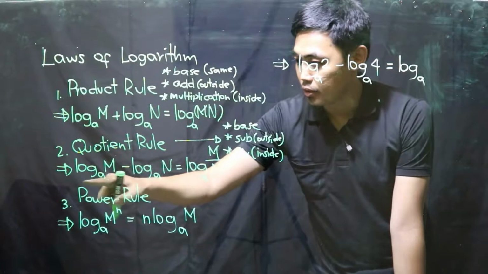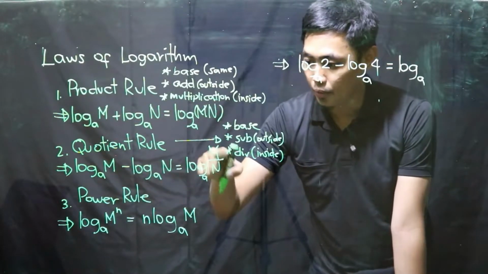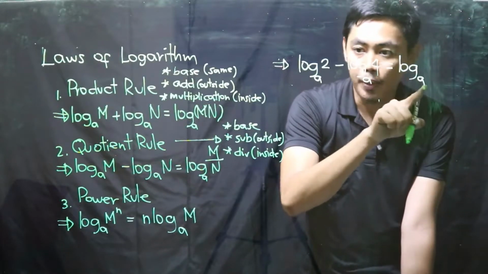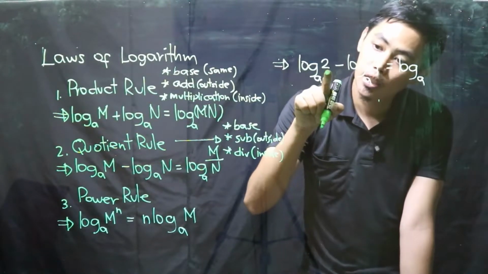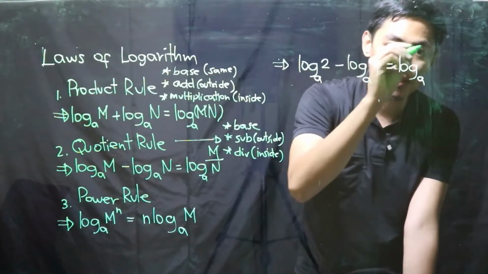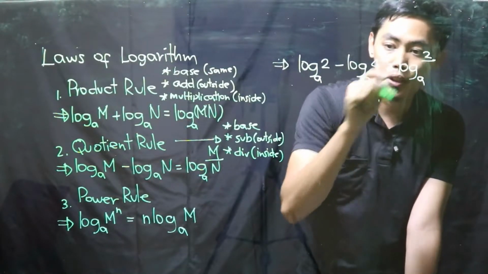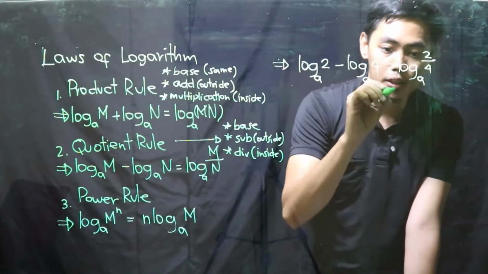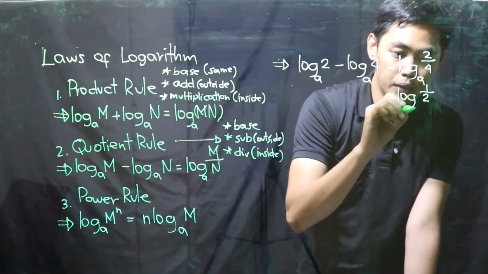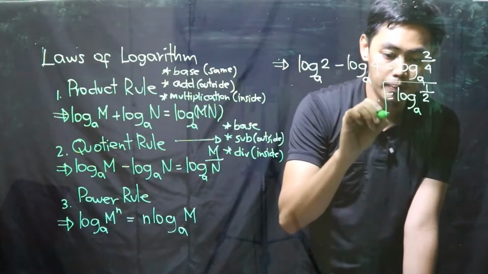So, minus, and then we can divide it. We can say logarithm of base a, then since 2 is the first number, we will write 2 over the next number, 4. Or we can simplify it further, logarithm of base a, 1/2. So this is our answer.